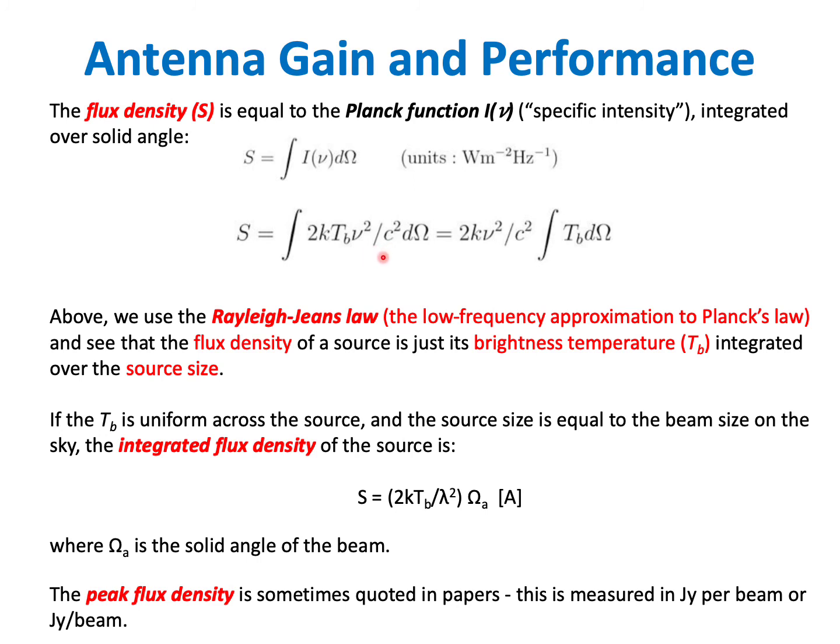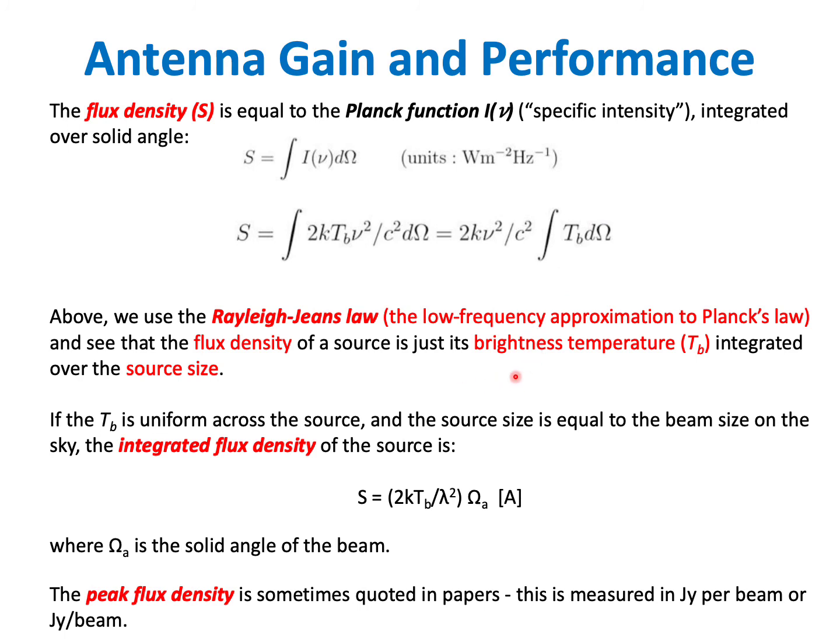Now, T_b is the brightness temperature of the source. Of course 2, Boltzmann's constant, nu, and c are constants, so we can pull them out of the integral. So by using the Rayleigh-Jeans approximation, our flux density is just some constant times the brightness temperature integrated over the size of the source.